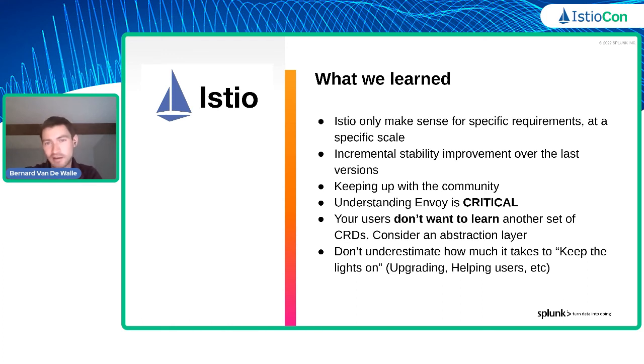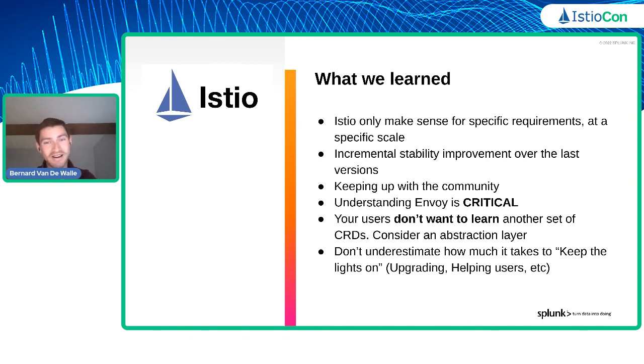One thing you need to do as well, in my opinion, if you use Istio, is you need to keep up with the community, because a lot of things move quickly. For example, that mixer deprecation, but also the speed at which Istio is getting end of life, for example, or the speed at which new features are coming in. So I think it's key to keep looking at what the community is doing if you want to use Istio.